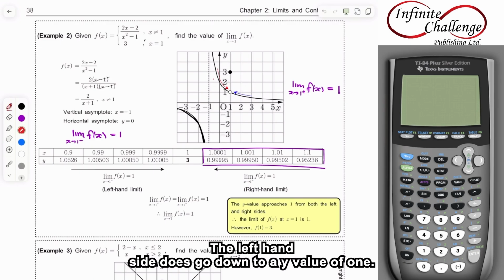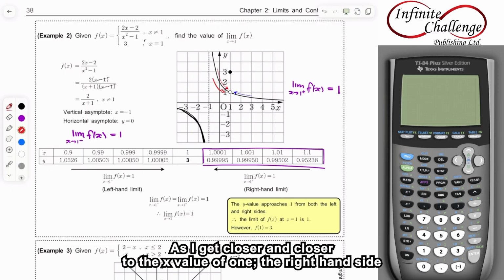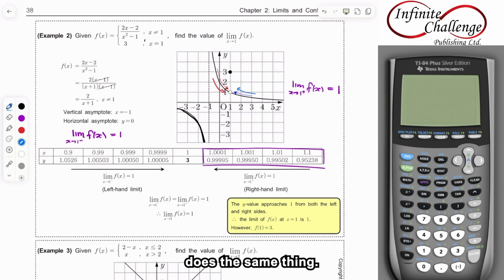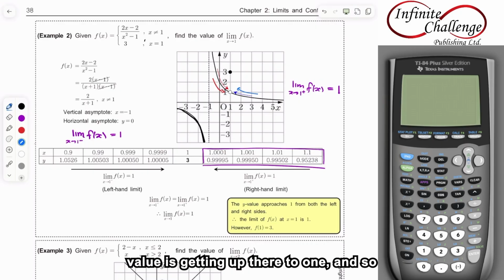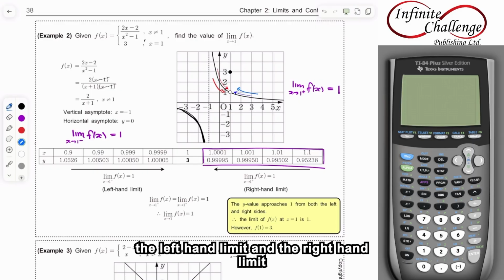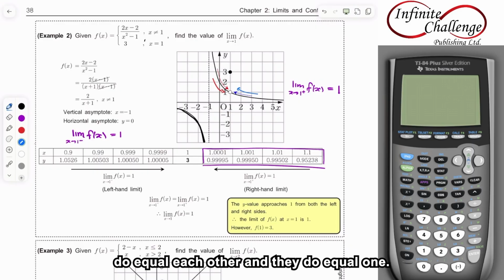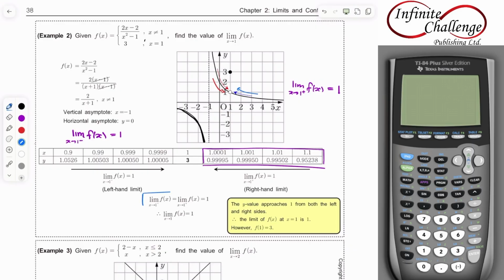The left-hand side does go down to a y value of 1 as I get closer and closer to the x value of 1. The right-hand side does the same thing, where as I get closer and closer to 1 from the right-hand side, its y value is getting up there to 1. And so the left-hand limit and the right-hand limit do equal each other, and they do equal 1.